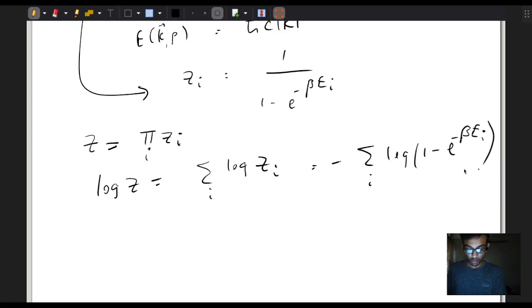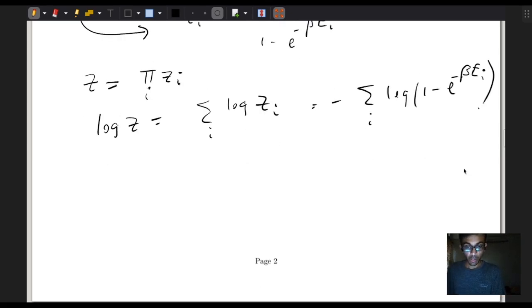Now we can write this as an integral by introducing the density of states of these single particle states. So let's look at the density of states.